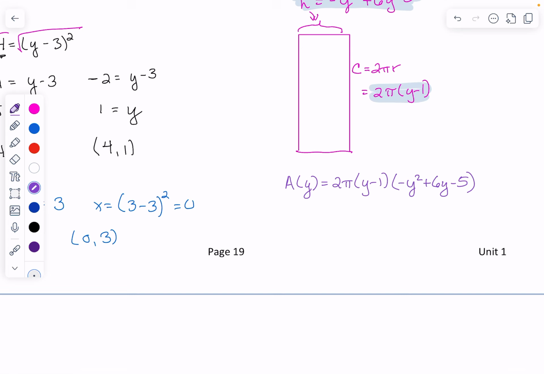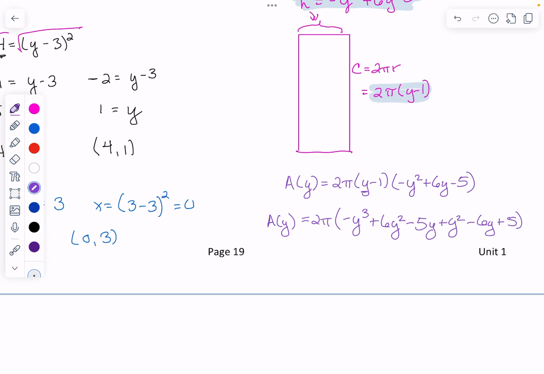So I'm going to distribute the first term. So A of y is going to be equal to 2 pi, there's the easy part, times negative y cubed, I'm doing this term first, plus 6y squared minus 5y. And now for the negative 1, negative, plus y squared minus 6y plus 5.